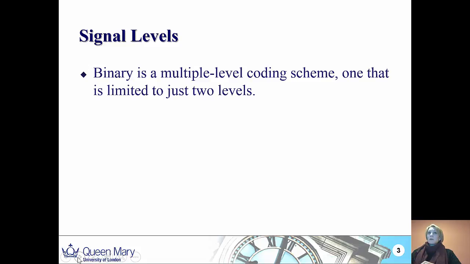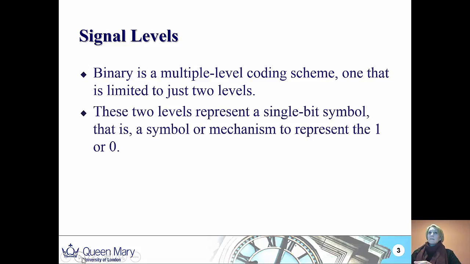Whenever we talk about binary, we're talking about 2 levels in our signal. These 2 levels represent a single bit symbol. So we either have a symbol which is representing a 1, or we have a symbol which is representing a 0. Where we see that the signal is moving upwards, we're representing the 1, and where it's along the base, this is representing a binary 0.